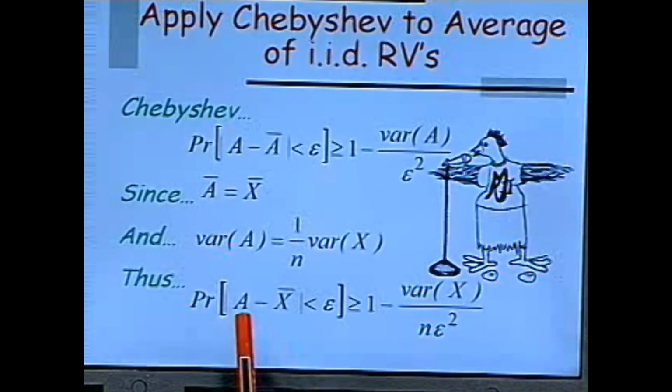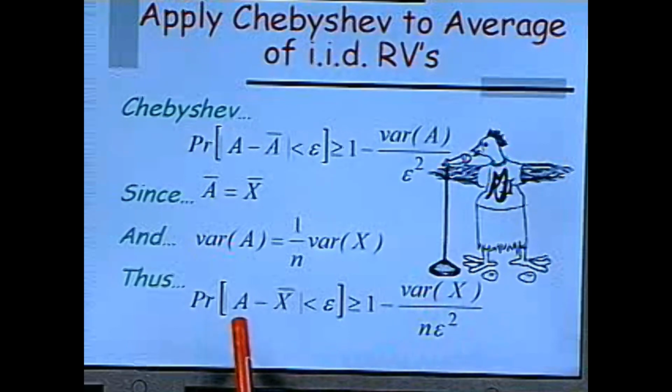So the probability that your estimate of the mean, your average, minus the true actual mean is less than epsilon is given by this bound. And you'll notice what happens in this bound as n goes to infinity. As n goes to infinity, this becomes 0.